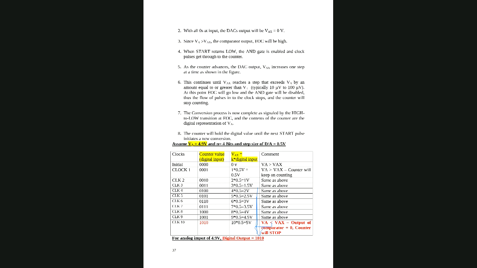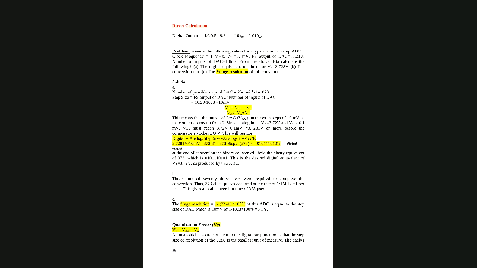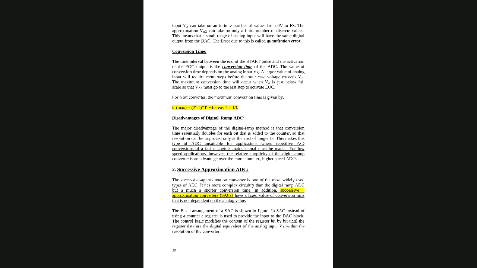So from 4.5 onwards to 5 will have the same answer, 1010. This error is coming because of the step size. This is the quantization error that we have seen, and then we discussed the conversion time, the calculation of the conversion time, and the disadvantage in detail.